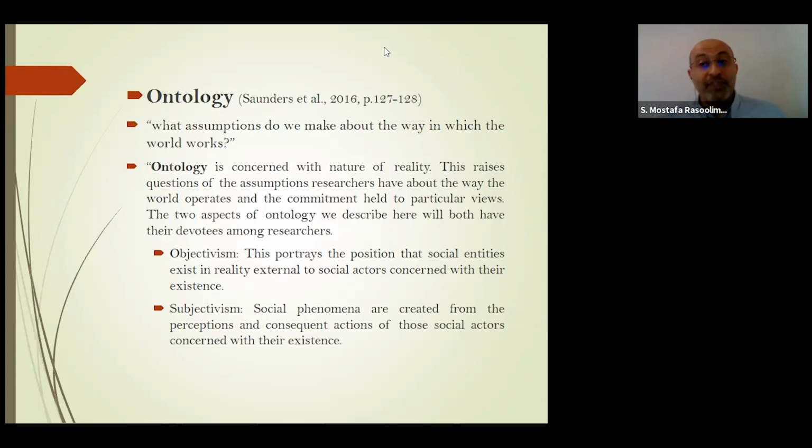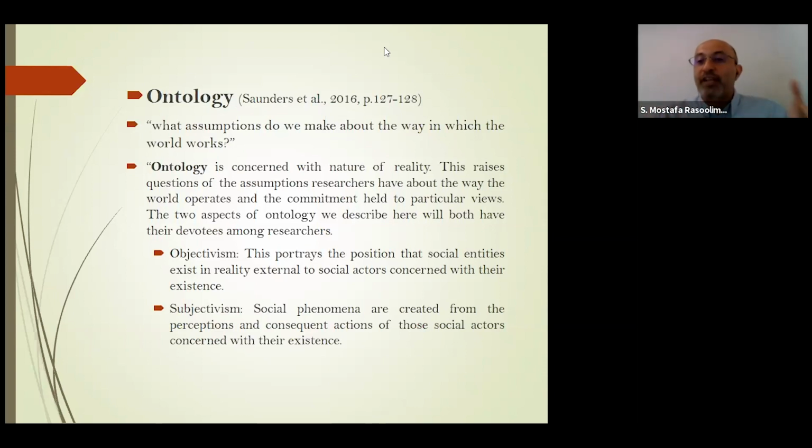And if it's possible to have a common understanding, we can measure it. This is another stream, another way of thinking, another interpretation of reality. So we have these two main answers to this ontological question.